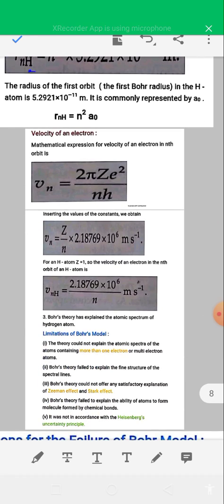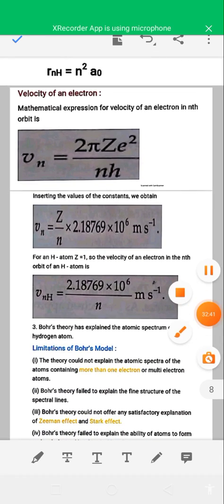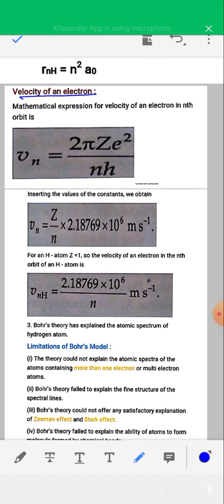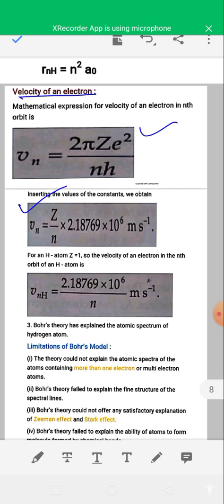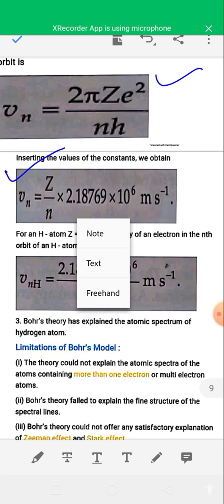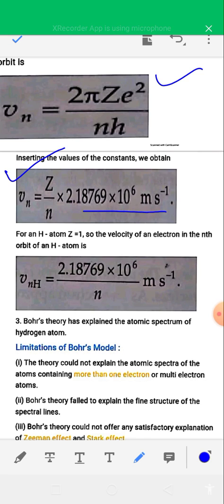Now see the calculation of velocity of an electron using the Bohr atomic model. The mathematical formula is Vn, the velocity of an electron in the nth Bohr orbit, equal to 2 pi z square by nh. After inserting the constant values, like the values of 2 pi e and h, we get the relation Vn equal to Z by n into 2.18769 into 10 to the 6 meter per second.